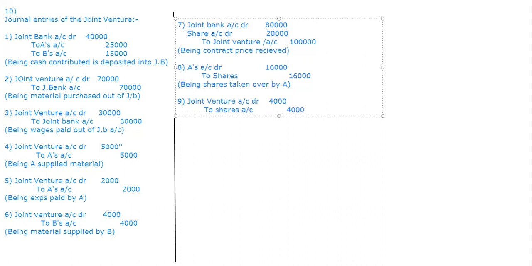Just check the amount: the debit side shares was 20. On the credit side we have made two entries: 16,000 is one entry and the second one is 4,000. This 4,000 is nothing but the loss on shares transferred to the joint venture account.